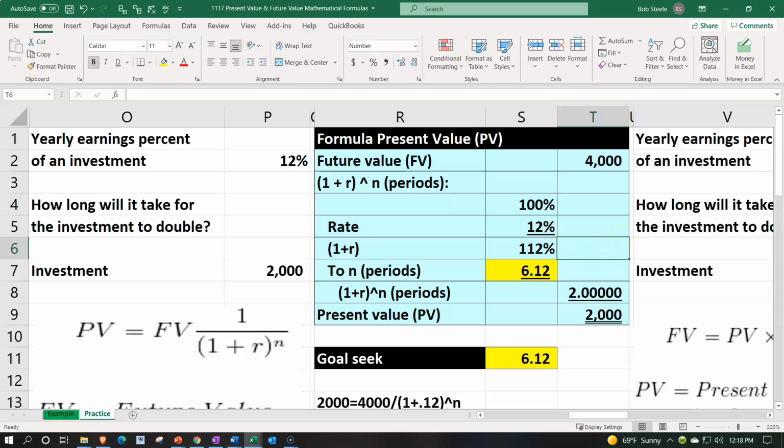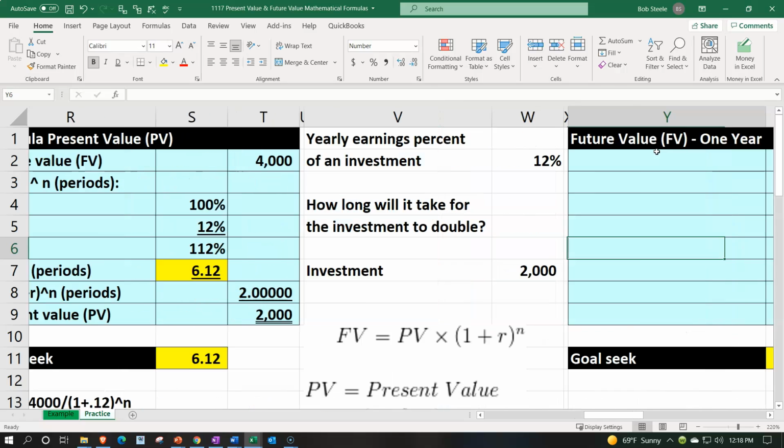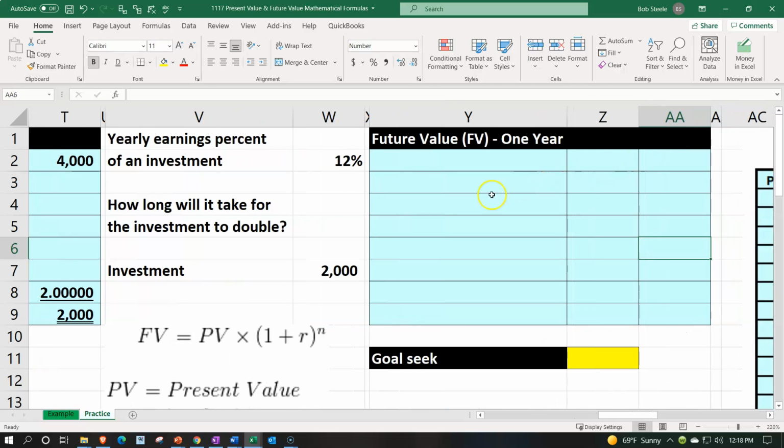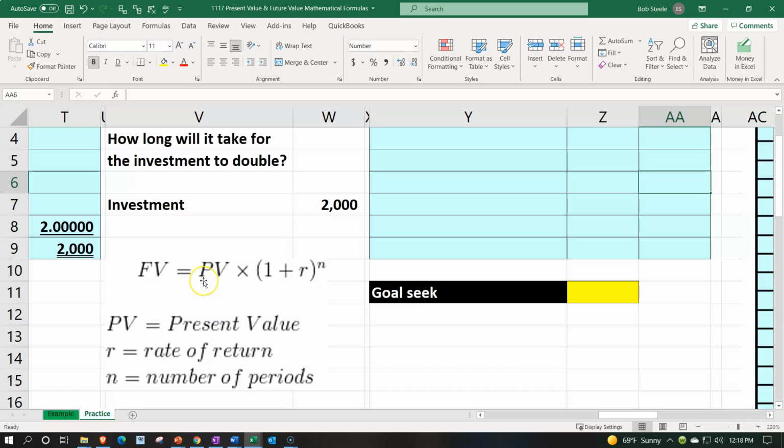Okay, so then let's do this again using the future value so we can get to the same answer, giving us an idea of the relationship between these formulas. So let's go on over to the future value, same scenario. We've got the future value equals the present value times (1 plus r) to the n. So if I was to do that algebraically, we've got all the data we need here because the future value is twice the starting point.